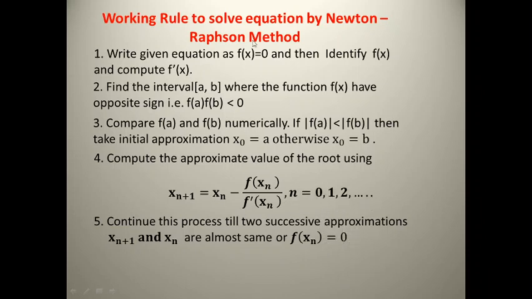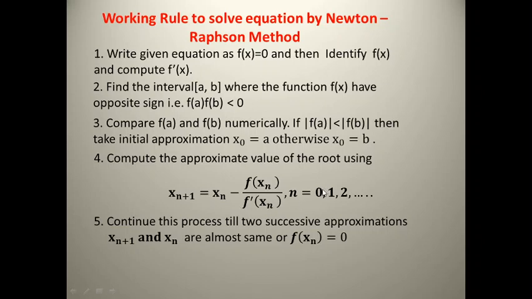Once you get this, choose the interval AB, which I usually call the initial guess, such that f of A and f of B are of opposite sign. Then compare f of A and f of B numerically, whichever is less is taken as the initial approximation. Then find the successive approximations to the root using this Newton iterative formula.